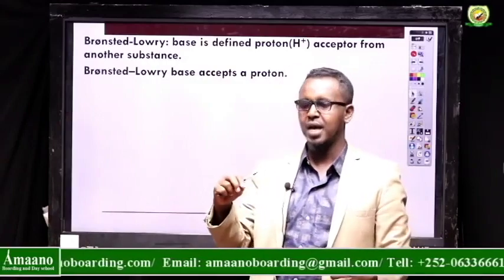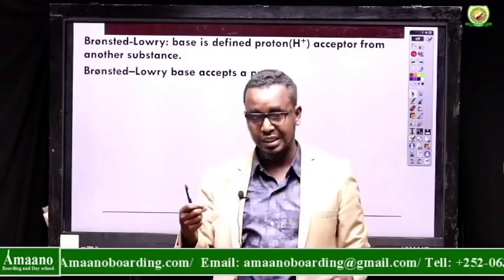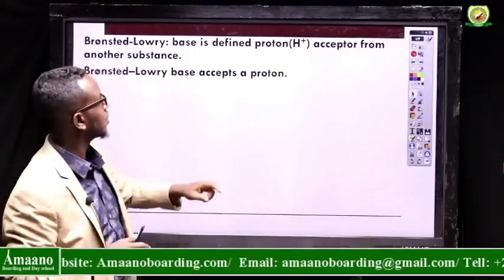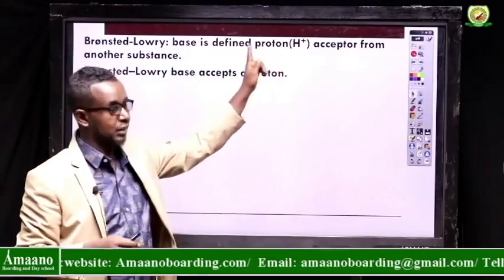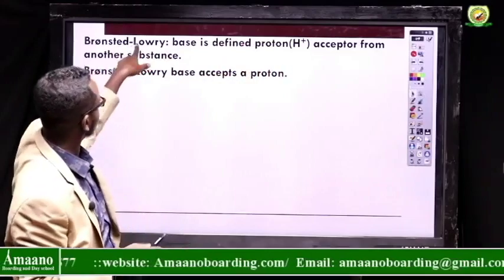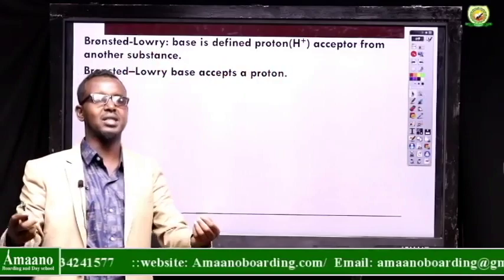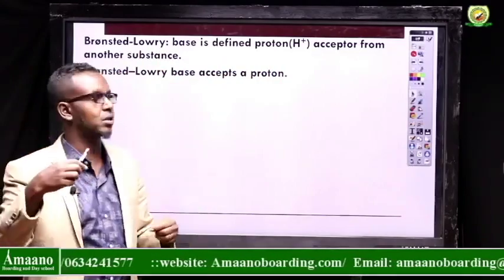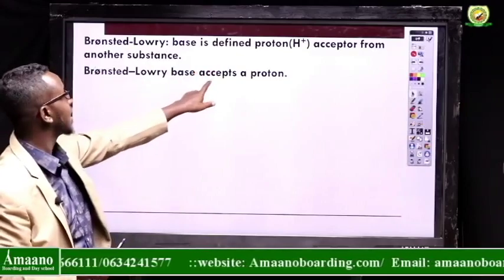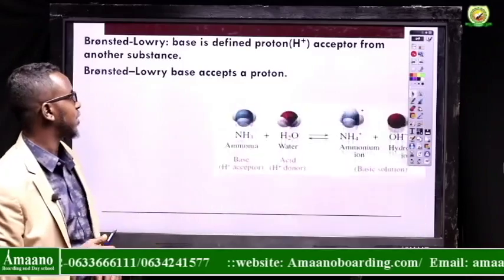If you remember, any substance that donates hydrogen ion to another substance is called an acid, a Bronsted and Lowry acid. So a Bronsted and Lowry base accepts a proton. Proton means hydrogen ion.